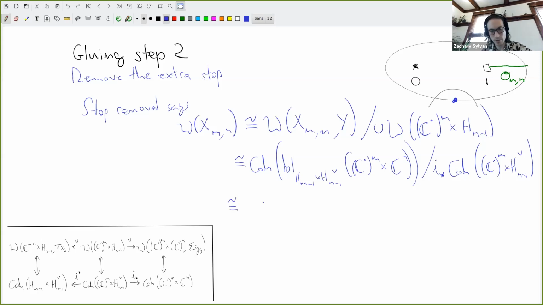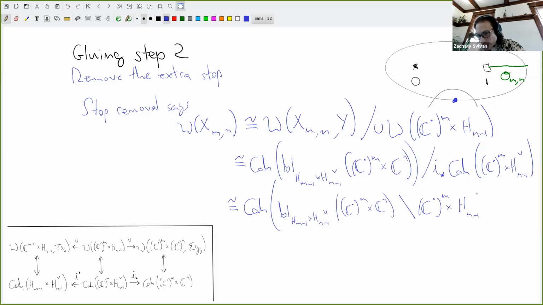So this is Coh on this blowup of H M minus 1 cross H N minus 1 check of this thing, C star to the M cross C^n, minus, let me make a bit more space, minus C star to the M cross H N minus 1 check. Now, what copy is that?